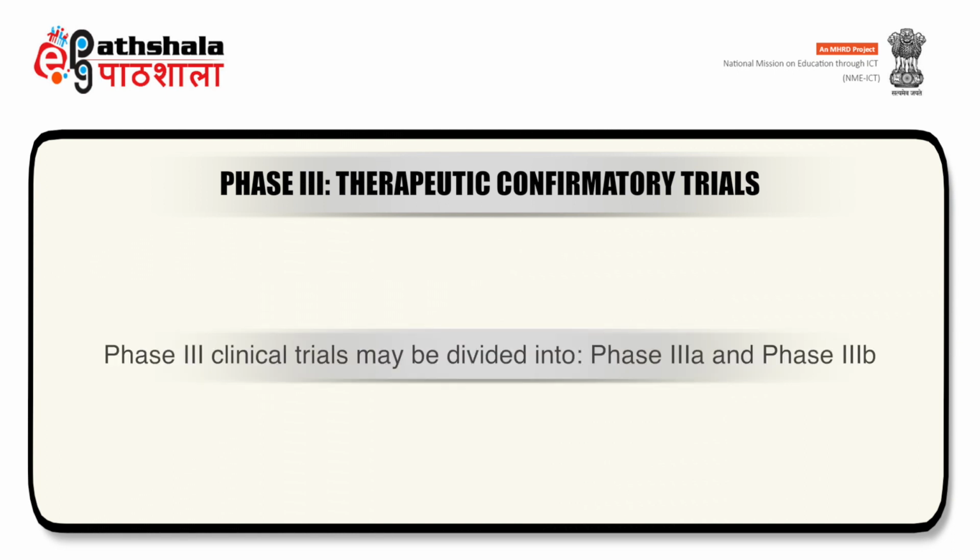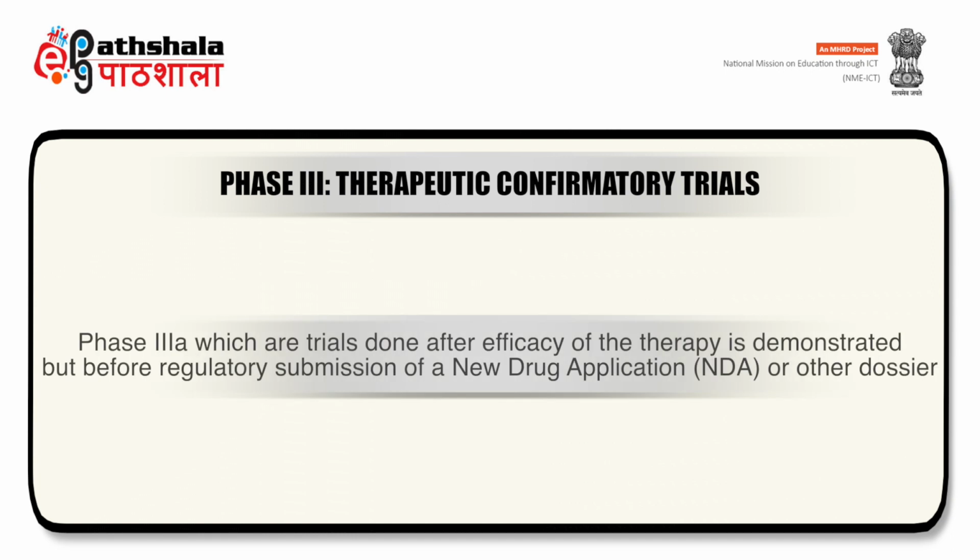The phase 3 trials may be divided into two, phase 3A and phase 3B. Coming to phase 3A trial, these are the trials which are done after efficacy of the therapy is demonstrated, but before the regulatory submission of a new drug application or other dossier.